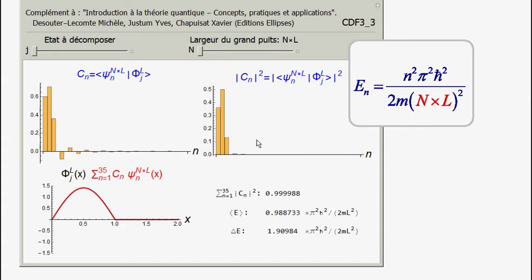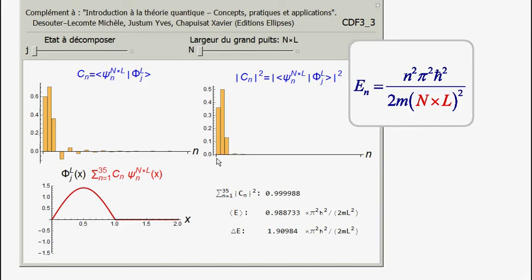And the probability to get any eigenvalue is given by the square modulus of the coefficient of the linear combination. On the left, here we recall the coefficients of the linear combination describing the superposed state, and on the right we have the square modulus, so the probability to get any eigenvalue.